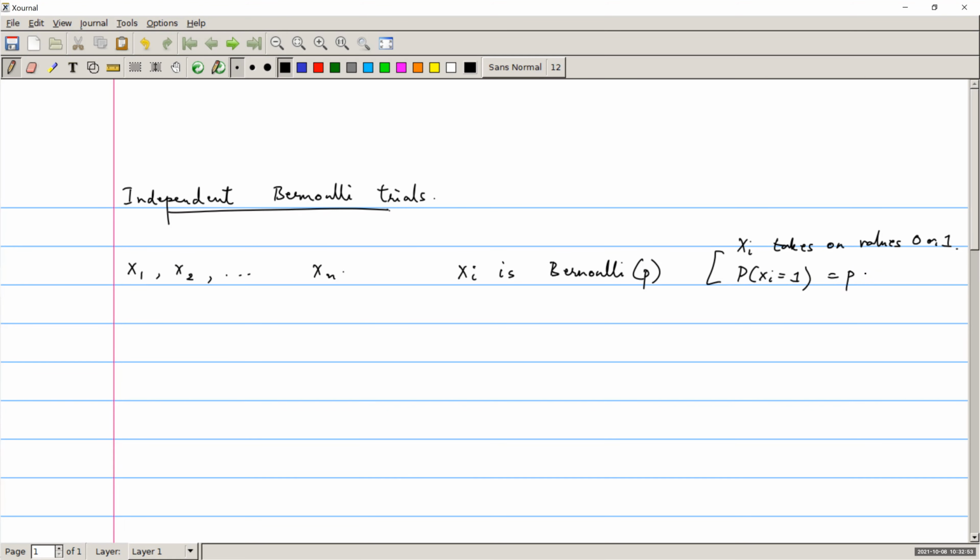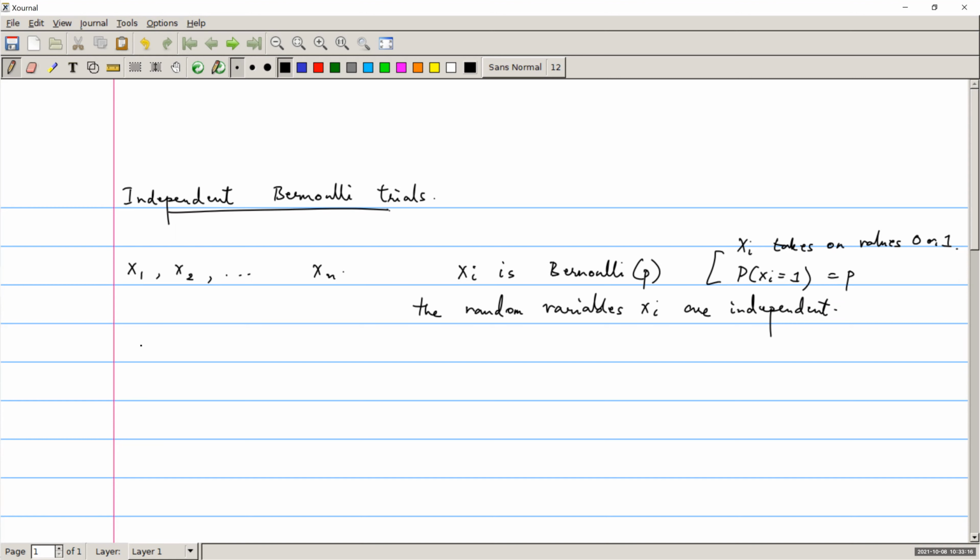And we also saw that the random variables xi are also given to be independent.